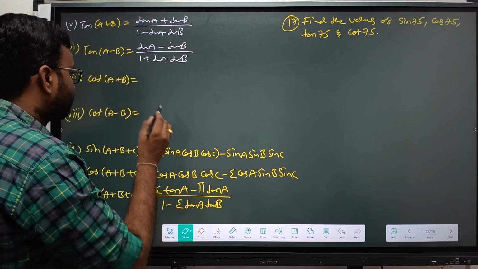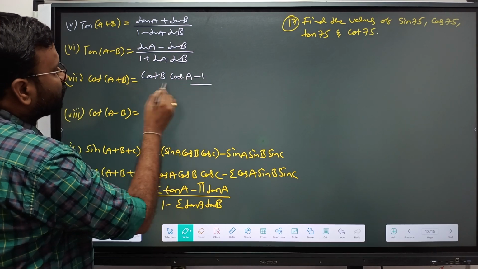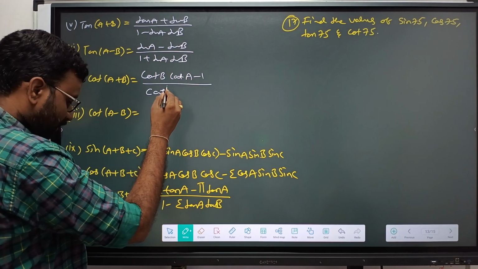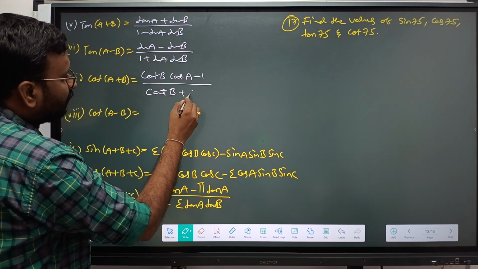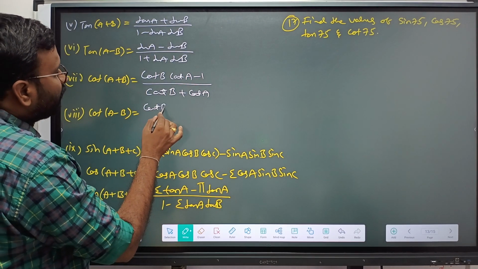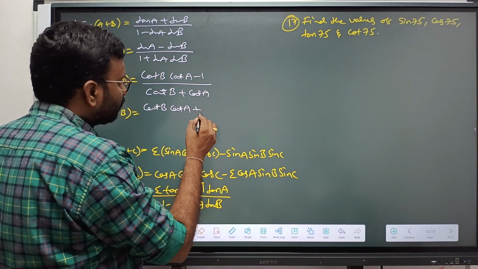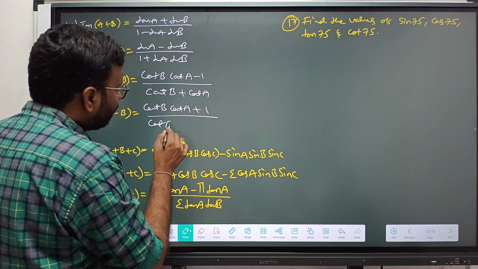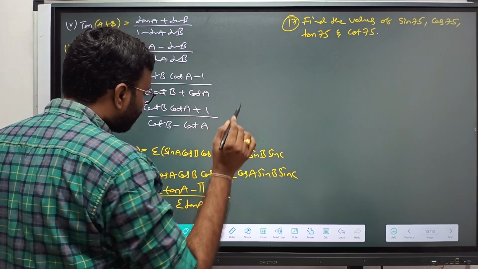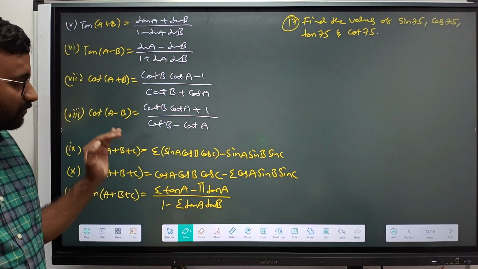Cot of A plus B is cot B cot A minus 1 by cot B plus cot A, and cot of A minus B is cot B cot A plus 1 by cot B minus cot A. I already wrote A plus B plus C for sine, cos, tan.